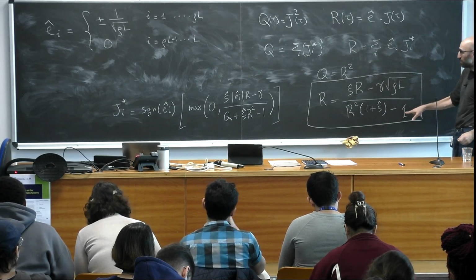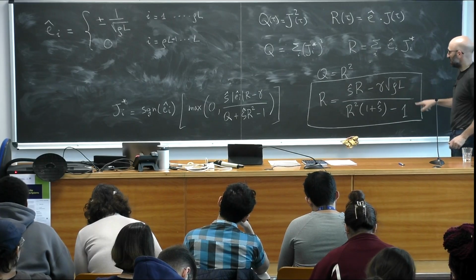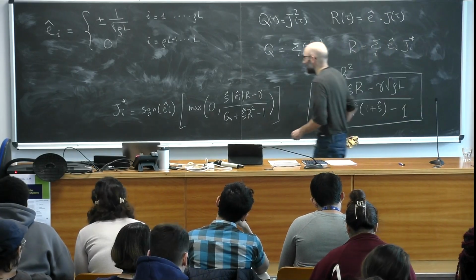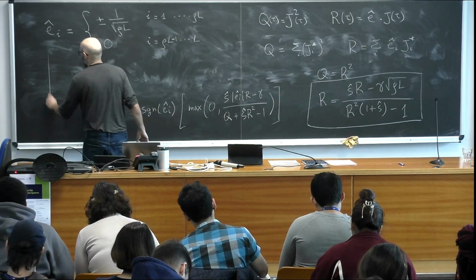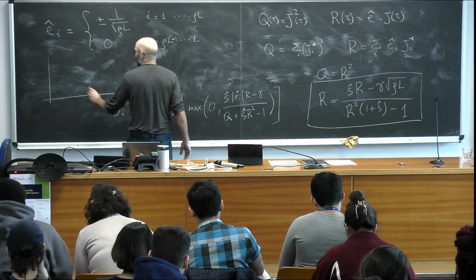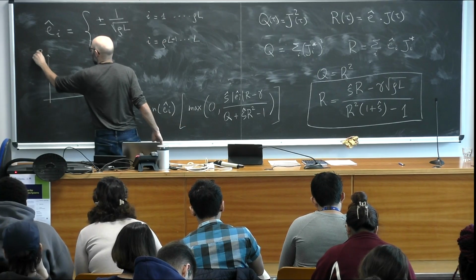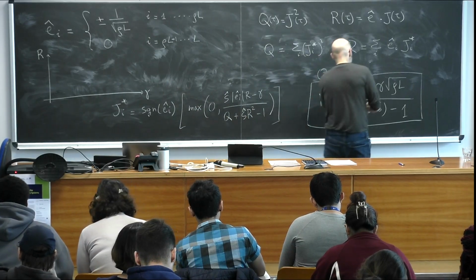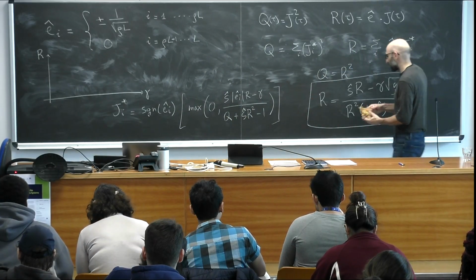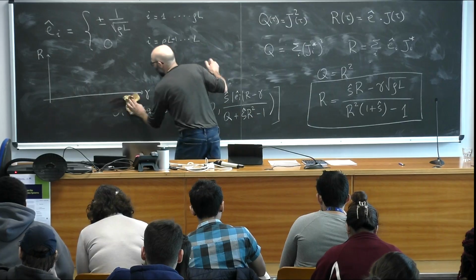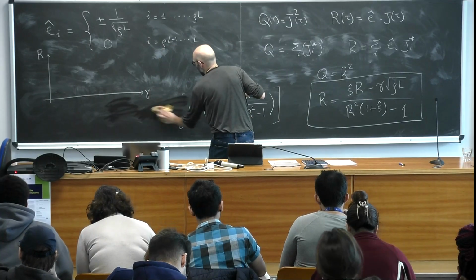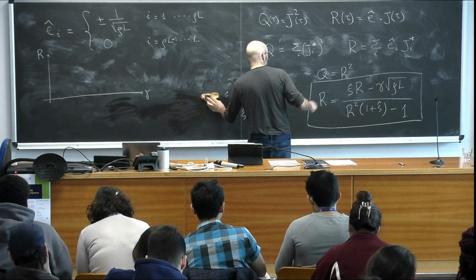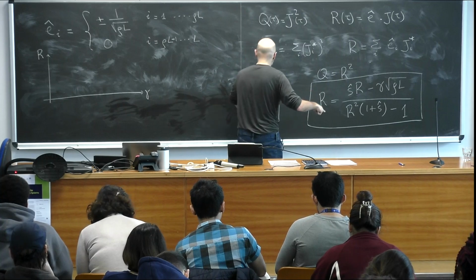And what you can show from this equation, it's a simple calculation, is that if you plot R as a function of gamma, you always have the solution with J equal to 0, which means R equal to 0, which is not shown here. This is under the assumption that R is non-zero.